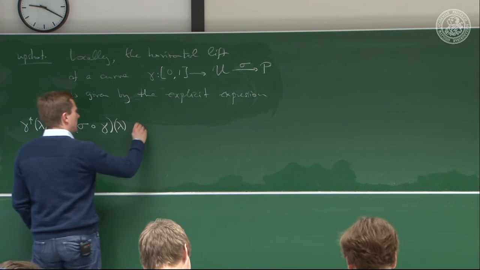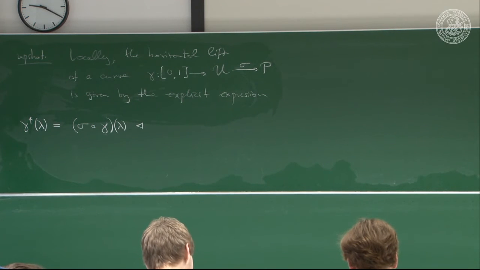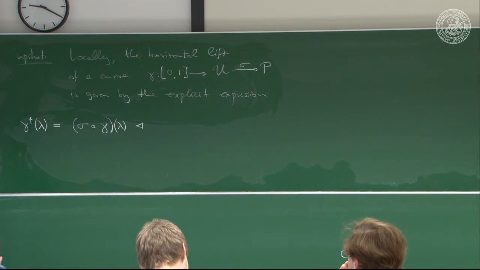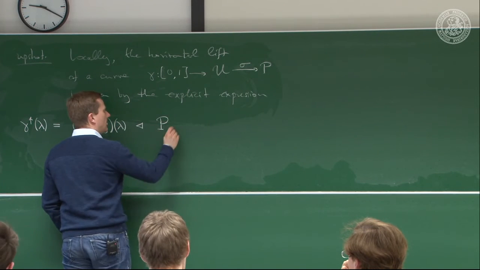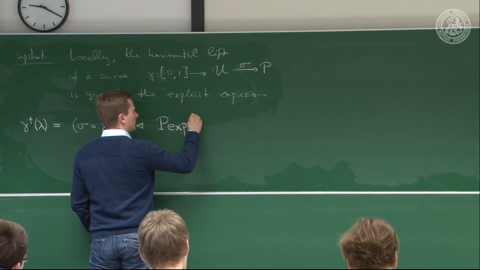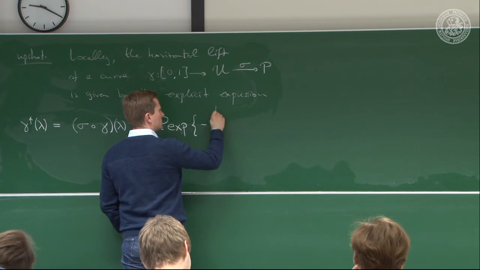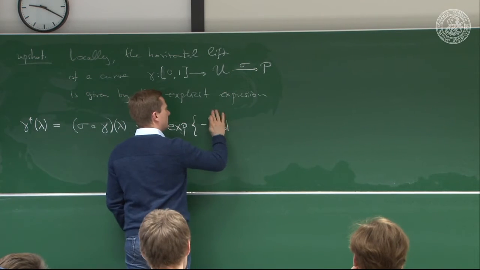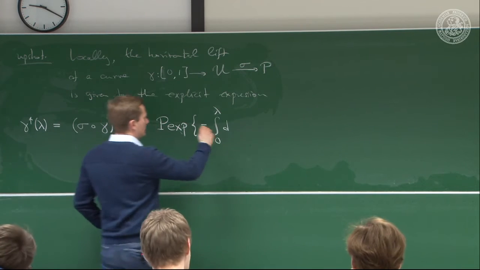And on this one, we acted from the right by our g of lambda, by our curve in the group. However, this we recognized to be given by the path-ordered exponential of minus integral 0 to t d. Okay, now I wrote t, now I need to write lambda here because I wrote lambda here. So now I exchange the roles.